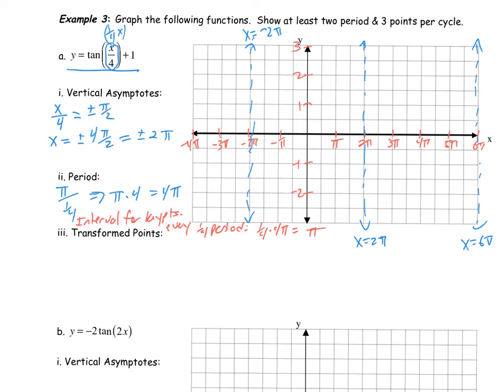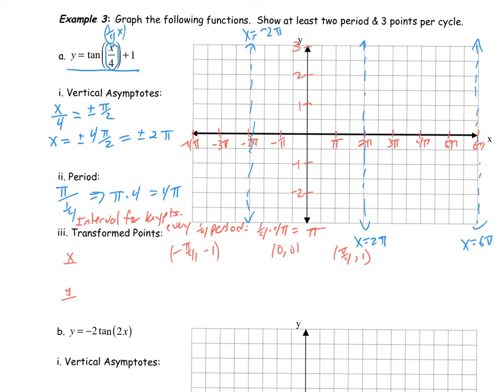The key points that we're going to transform for tangent are negative pi over 4, negative 1; 0, 0; and pi over 4, 1. For sine and cosine, we only needed to transform one point. Let's see what's happening to our x values and our y values in our function.